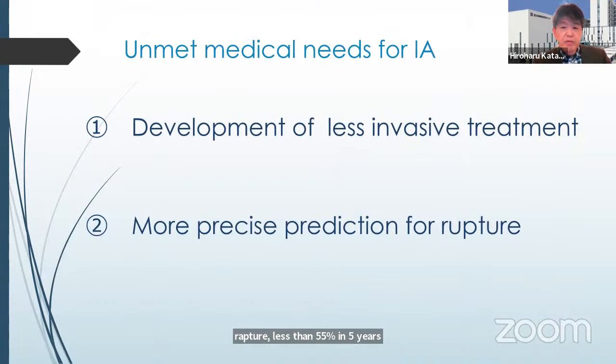So the unmet medical needs for intracranial aneurysm at this moment are to develop a less invasive treatment like medical therapy, and to develop a more precise prediction system for rupture. For this purpose, we have to understand the detailed mechanism of intracranial aneurysm.